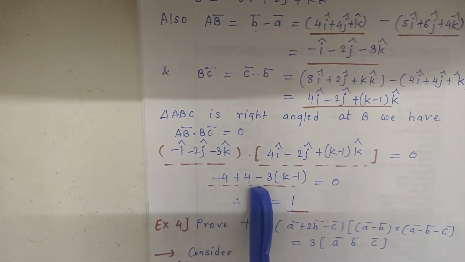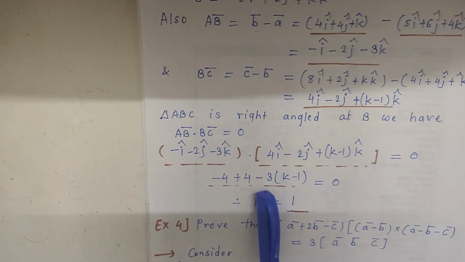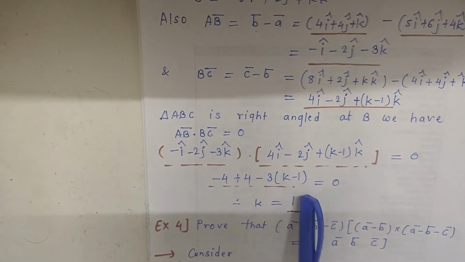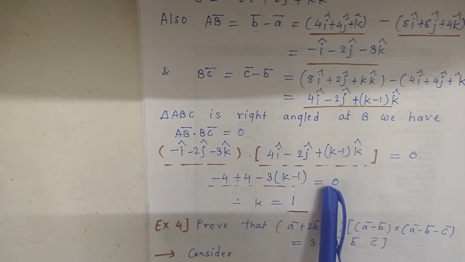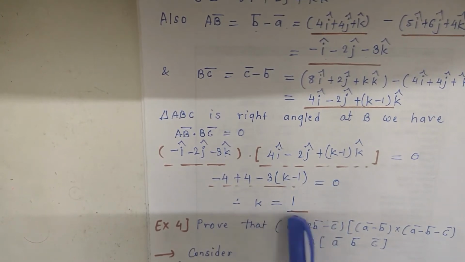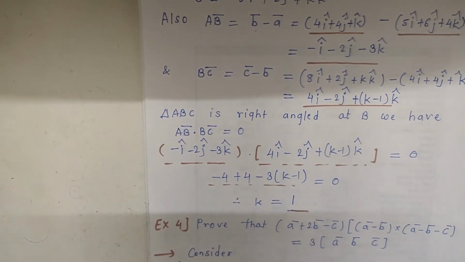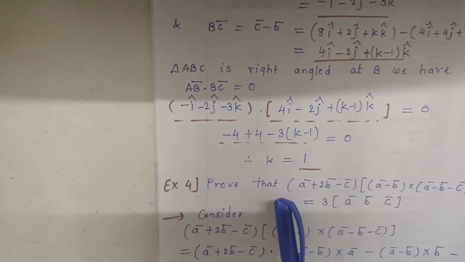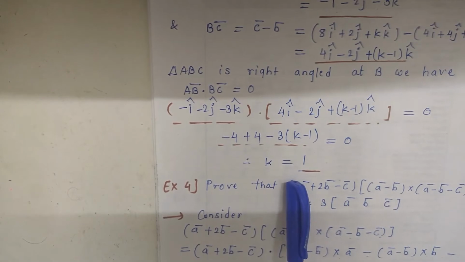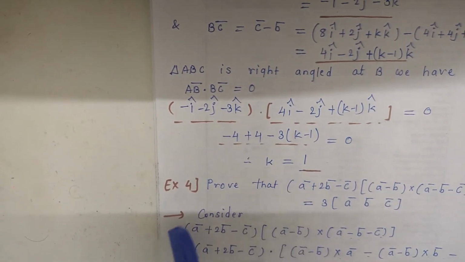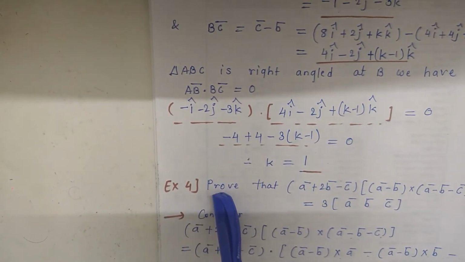Here minus 4 plus 4 will be cancelled, and minus 3 into k minus 1 is equal to 0. Again k minus 1 is equal to 0. Then we get k is equal to 1. So here we get the value of k is equal to 1, which is the coordinate of point C in triangle ABC.